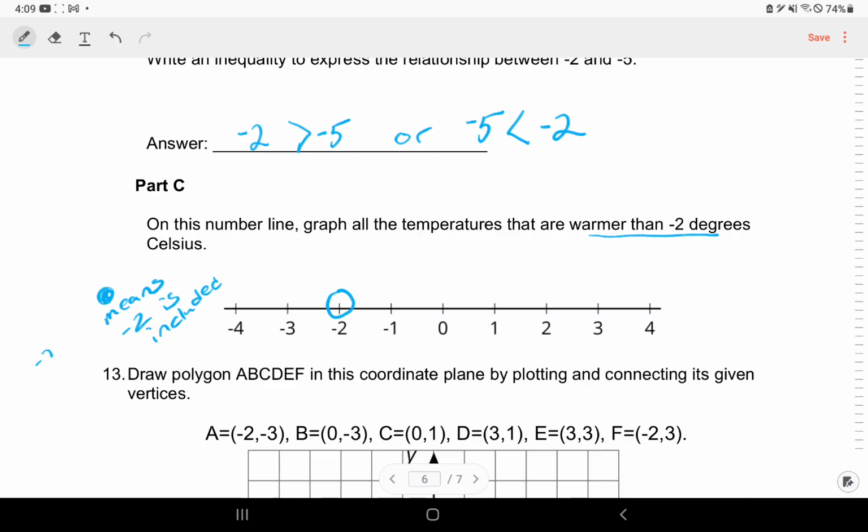Well, -2 is not greater than -2. That's not true. And then since we want warmer, we would choose the arrow that goes this way.